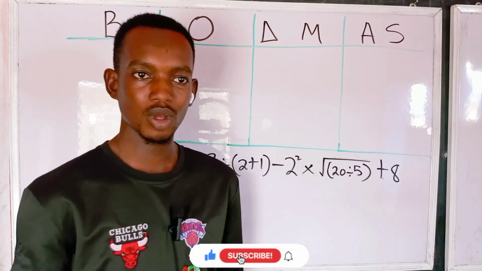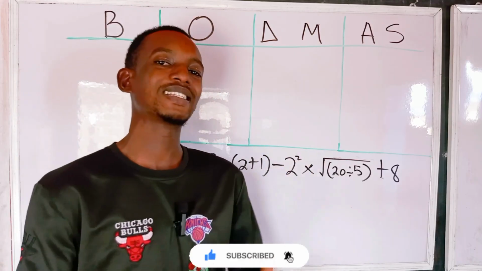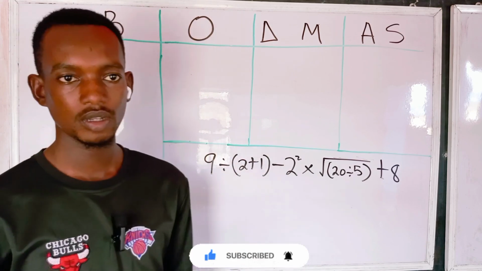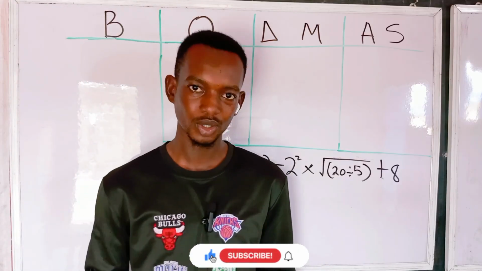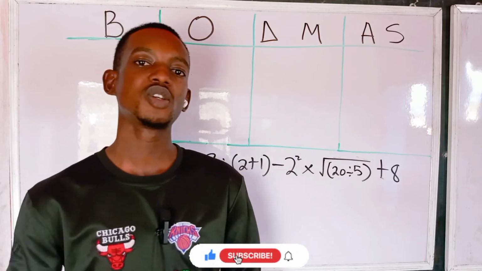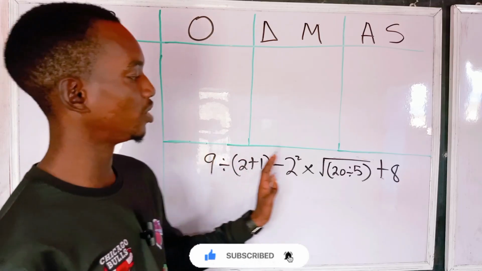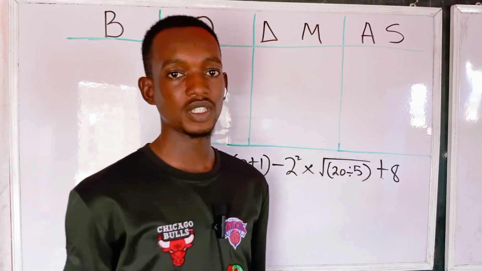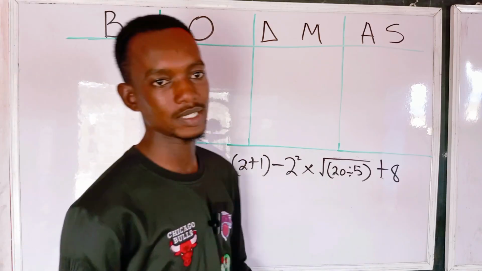because the order of operation is not a mathematical law, it's not a natural law. Because of this ambiguity, mathematicians came together and agreed on a convention, and that convention today is known as the order of operation. The order of operation tells us which operations we should carry out first. It gives priorities to the different operations that we have. We have different acronyms for the order of operation, and the one I'm talking about today is BODMAS.